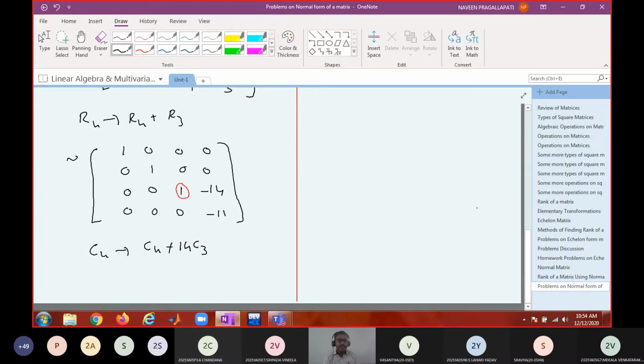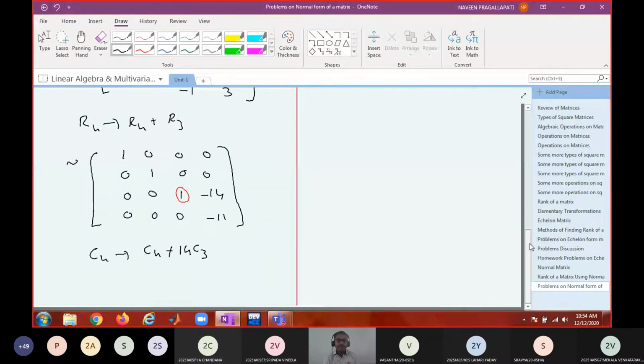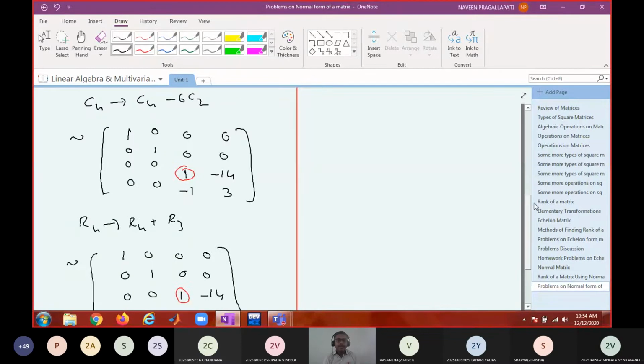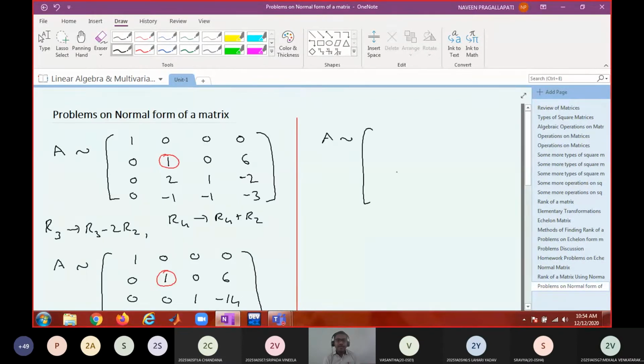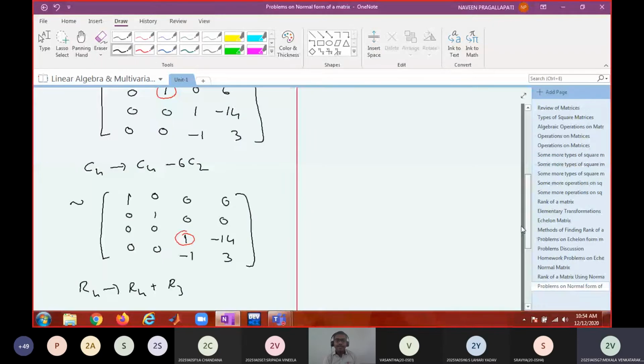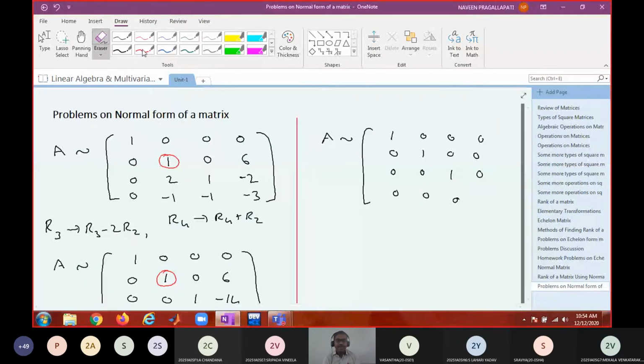So that will become 0, 1, 0, 0, 0, 0. Sir, rank is 4. Am I getting 4? Yes, sir. So 0, 0, 0, 3, minus 11. What was the last one? Minus 11.